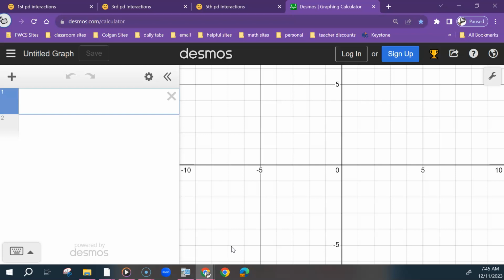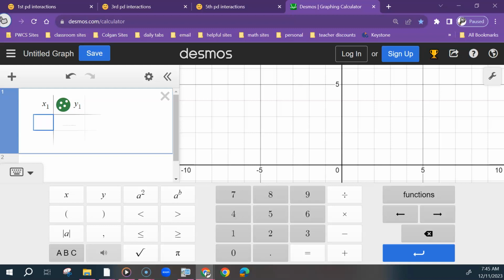There are different ways you could have done this. One was putting in the table, which I will do now.